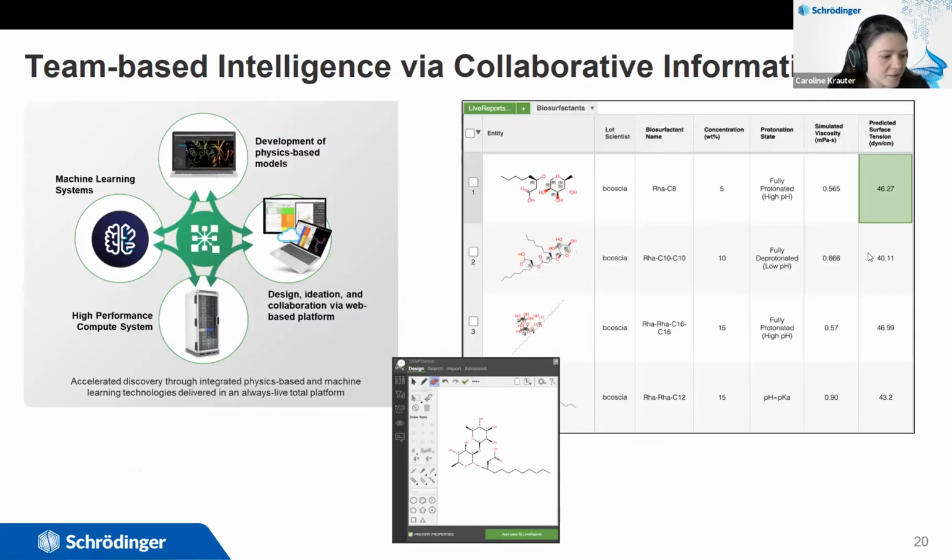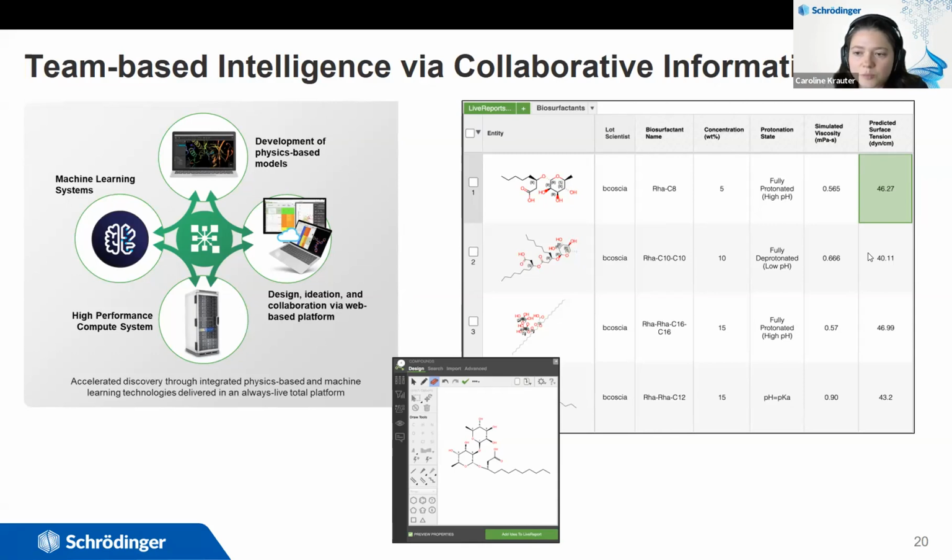And just very briefly at the end, what does it look like if we want to bring this together and enable this research in a collaborative environment? This is a screenshot from a web page based application called Live Design that we're developing.